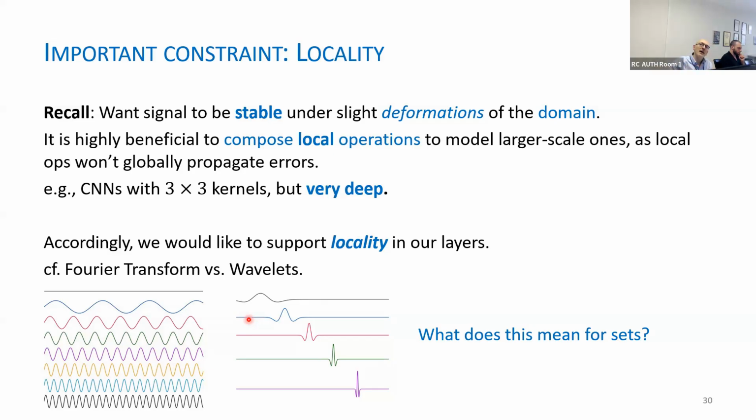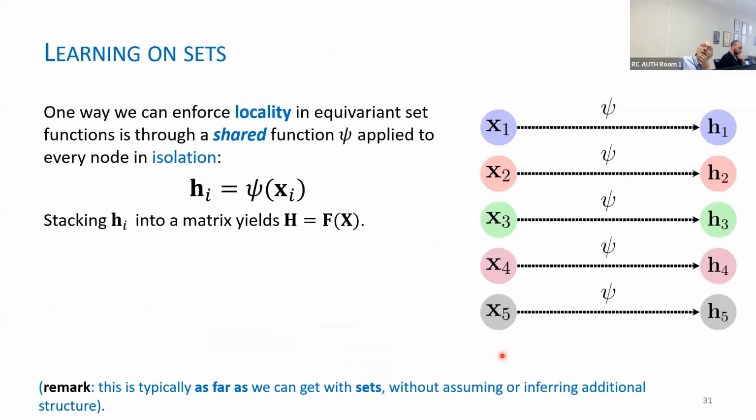Normally CNN uses small kernels, 3 by 3, but then the network goes very deep to aggregate at the global level. This also exists in other transformations, for example Fourier transform or wavelets, that try to capture also the spatial locality.